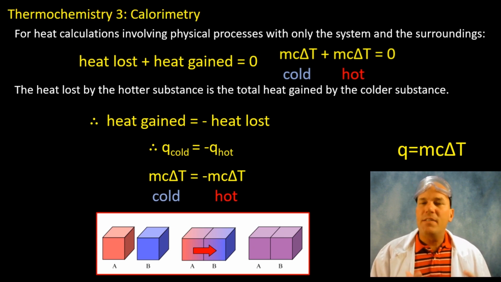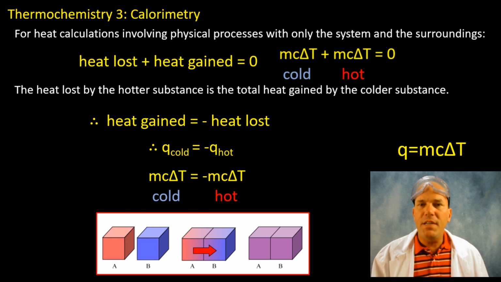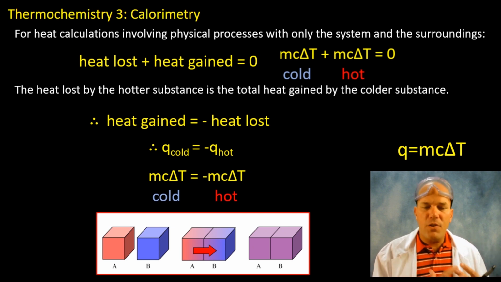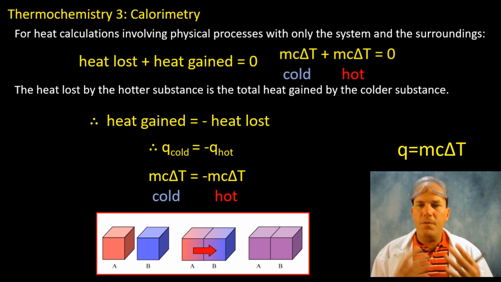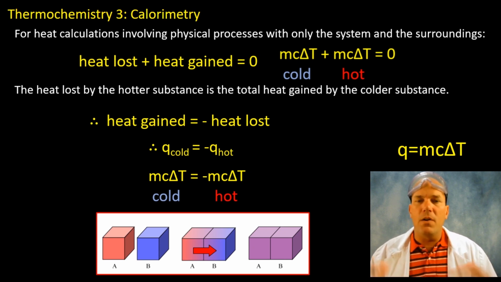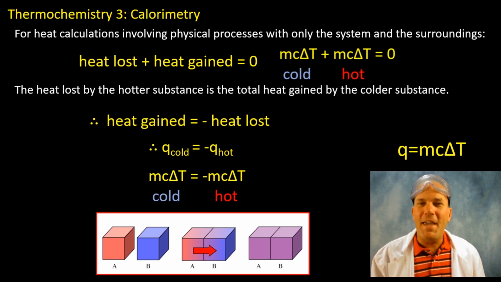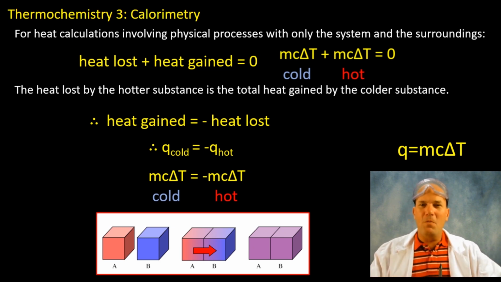Object A is hot, object B is relatively cold. When they come together, what happens between A and B is heat, or thermal energy, is transferred from A to B until A and B are the same. So the amount of heat lost from A is gained by B, but overall, that total energy is equal to zero.